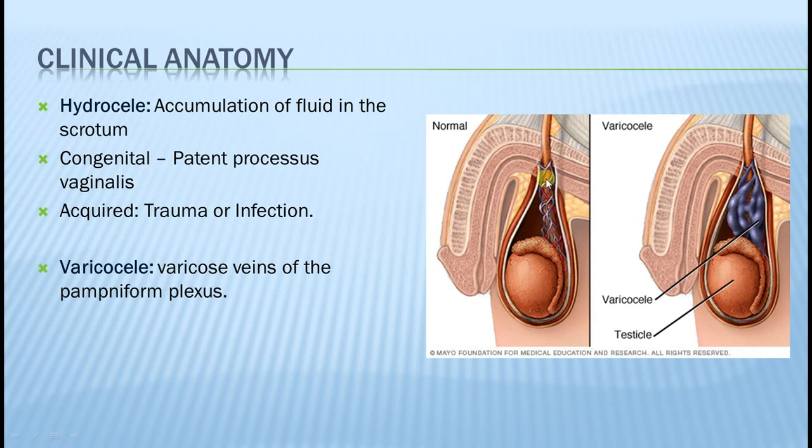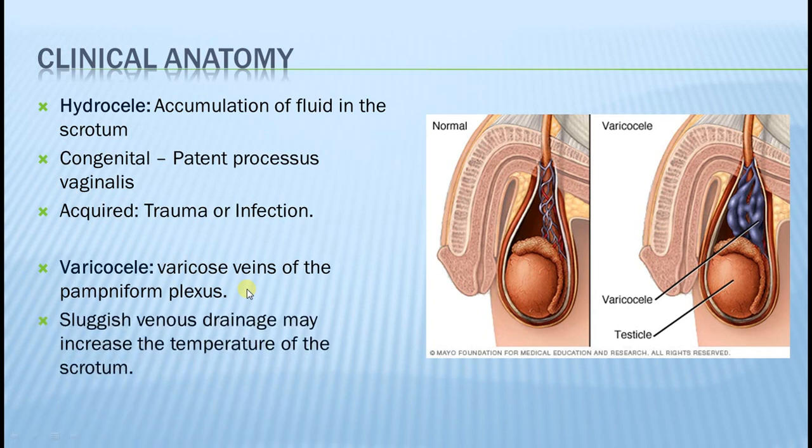When the venous drainage is sluggish, it might increase the temperature of the scrotum, and thereby interfere with spermatogenesis. So again, varicocele is a cause of male infertility. It has to be treated surgically, removing the pampiniform plexus of veins.